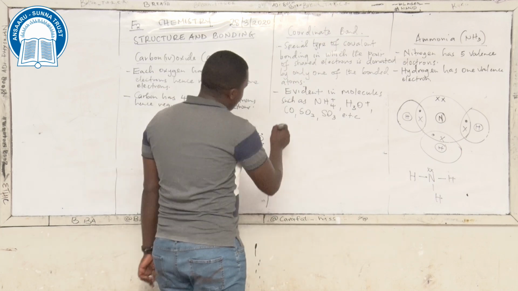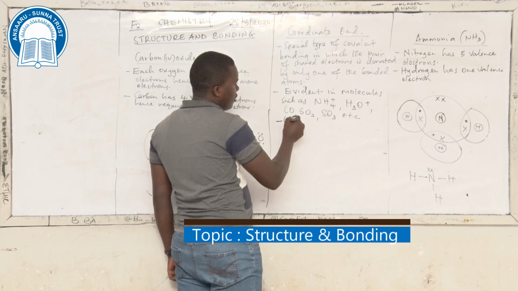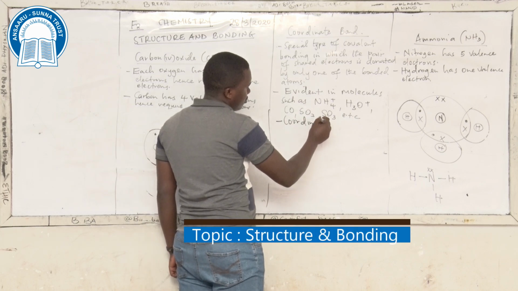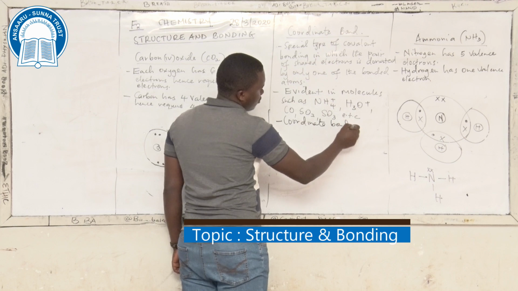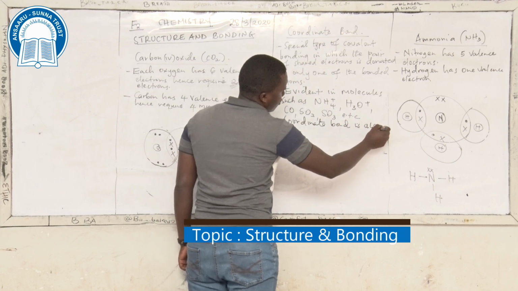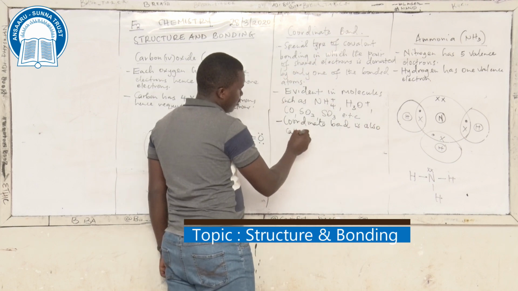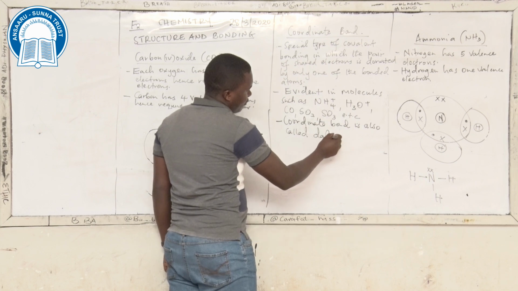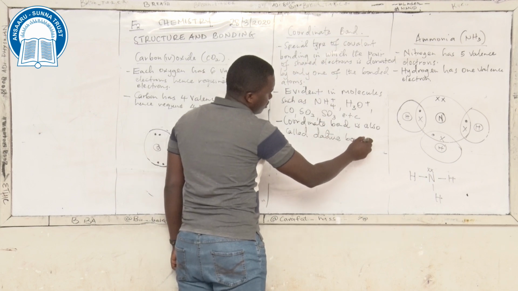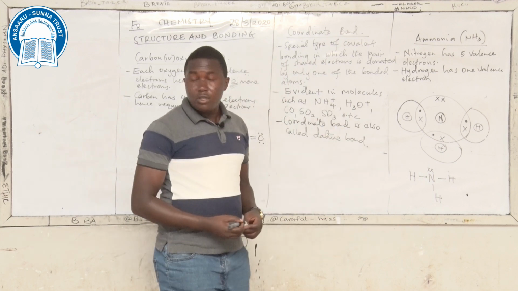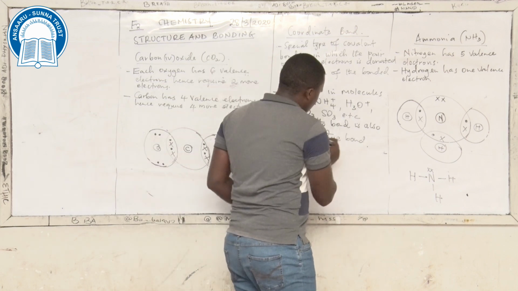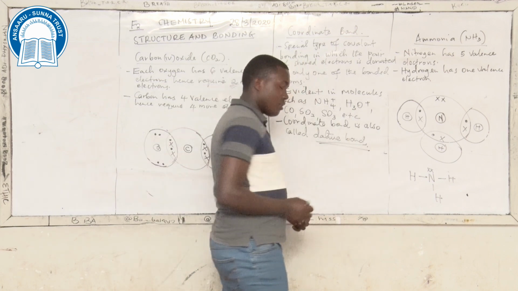It is also important to note that a coordinate bond is also called a dative bond.